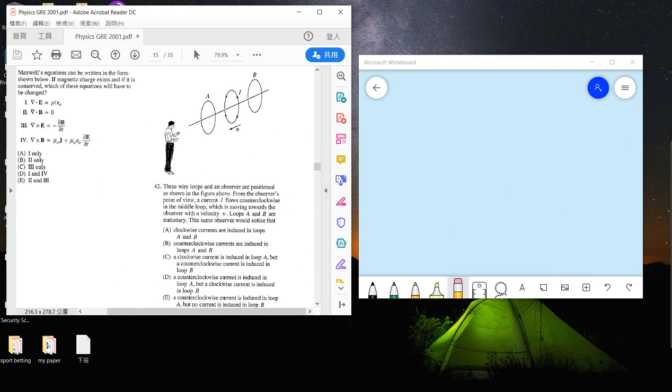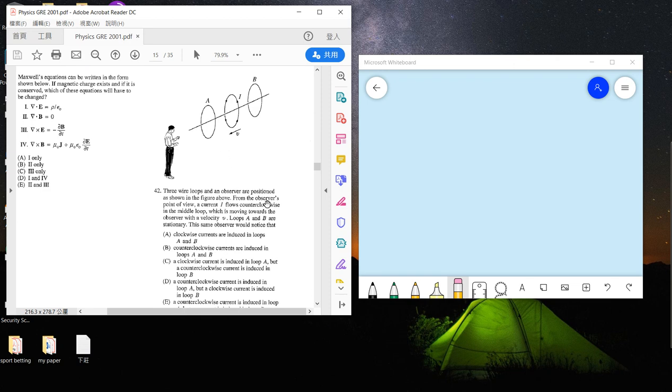42 says that a 3-wire loop. Basically, let me draw this one. So the magnetic field is in these directions.